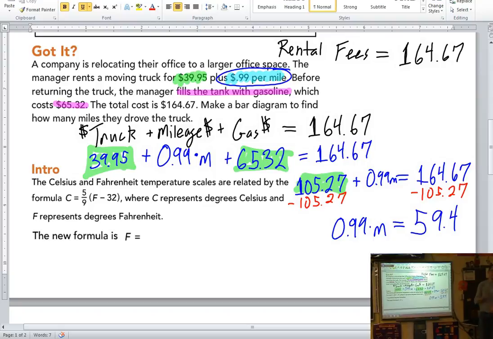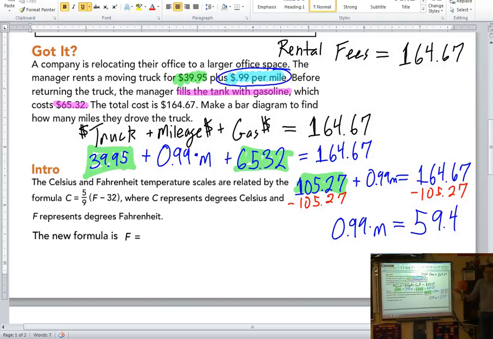I won't fool you and tell you that the real world uses exact terms. A lot of times we approximate. Approximately, what's it cost per mile? $59. Listen to what I'm asking. Approximately, what's it cost per mile? $1. If my mileage fee is $59, how many miles do you think I approximately drove?